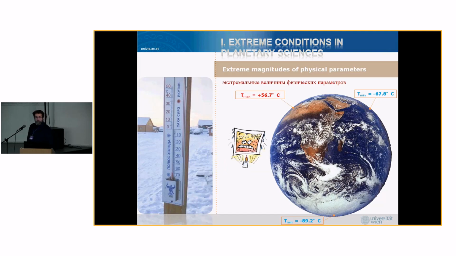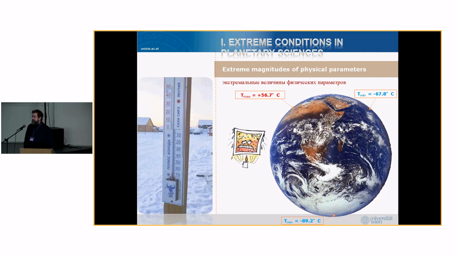And just coming back to what we have just seen with the temperature of minus 67.8, not here fortunately, it is at least the lowest temperature, the most extreme temperature that I think has been recorded for Russia. On the other hand, I think it's Death Valley in the US, but also Libya, which is close to the other side, plus almost 60 degrees.